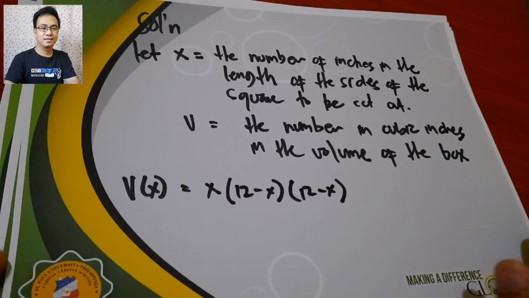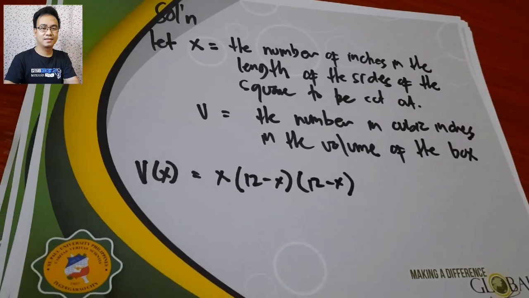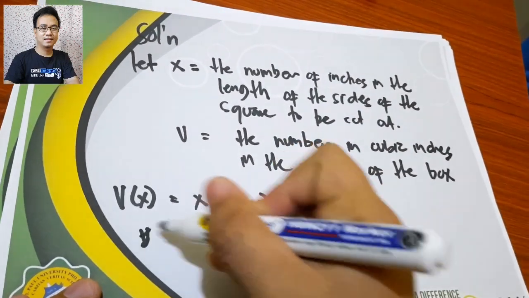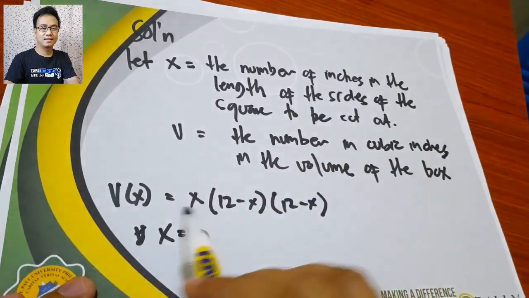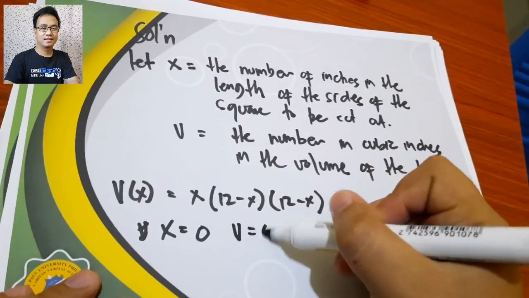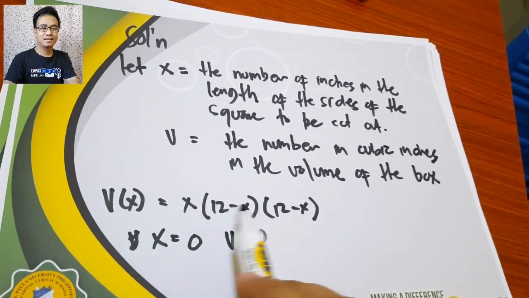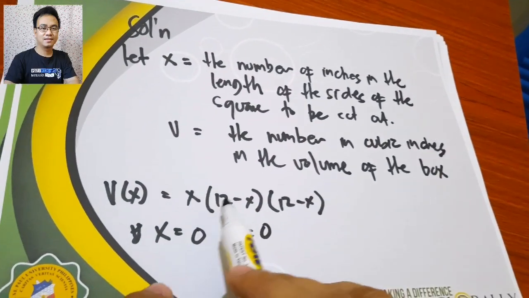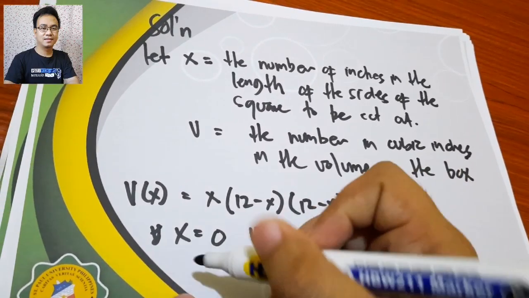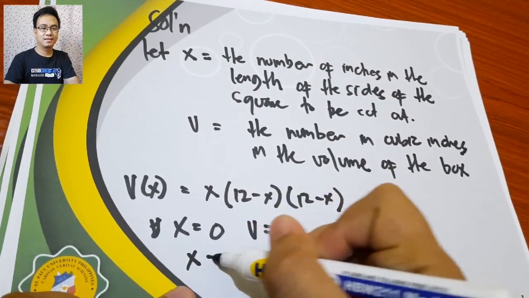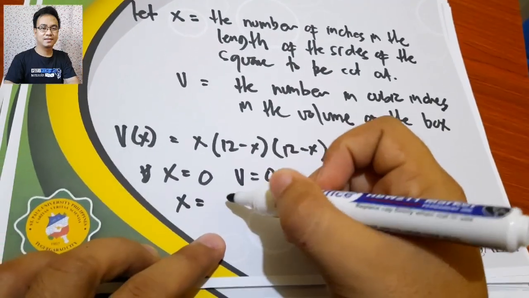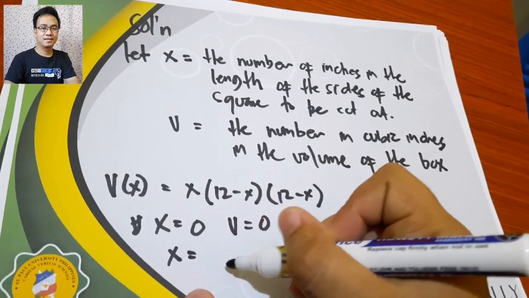Okay? Now, by inspection, if we let x to be equal to 0 in this function, the whole function will become 0. Palitan mo ng 0 yan. So 0 times 12 times 12 will become 0. And so, by inspection lang, if we let x to be equal to, say, 6.